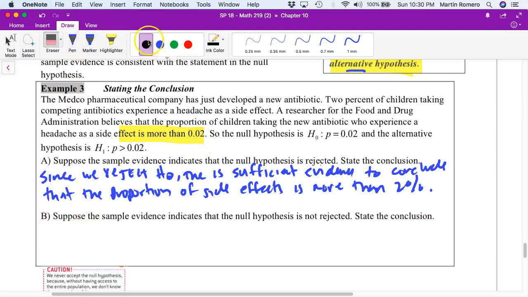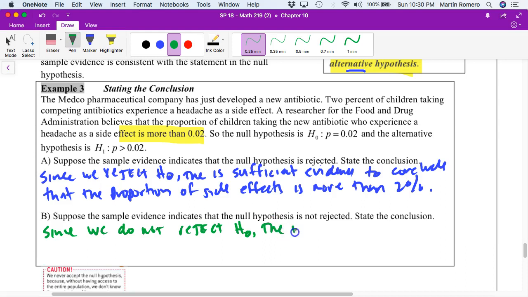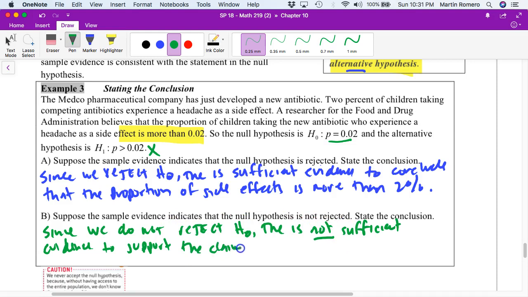To finish this statement: since we do not reject H0, we say there is not sufficient evidence to support the claim that p is greater than 0.02.